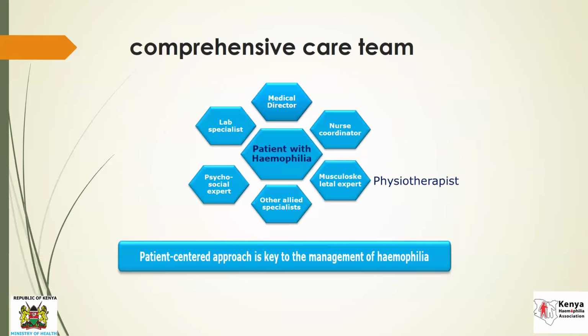So this is our comprehensive care team. I usually want to show this slide because we are a team. We work as a team, and physio is a musculoskeletal expert in the management of hemophilia patients.